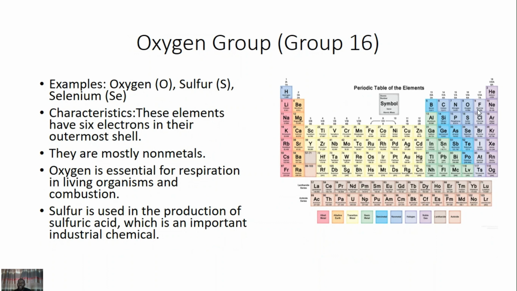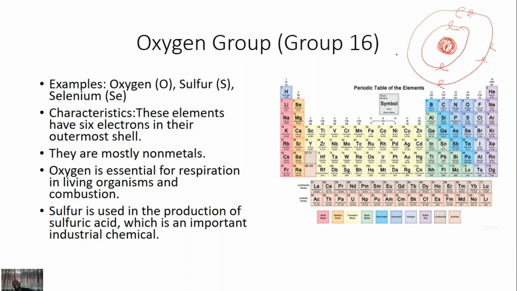The oxygen group, that is group 16 or group 6, has 6 electrons in their outermost shell, and they tend to gain 2 electrons to complete the number of electrons in their outermost shell. Don't forget that in the structure of an atom, there is a nucleus which contains protons and neutrons, and electrons around them. The first shell has a maximum of 2 electrons, while the subsequent shell has a maximum of 8 electrons.